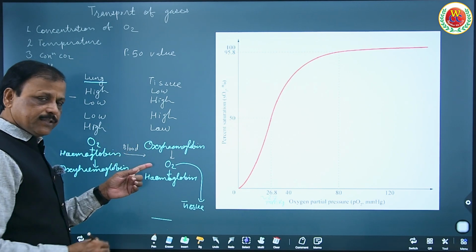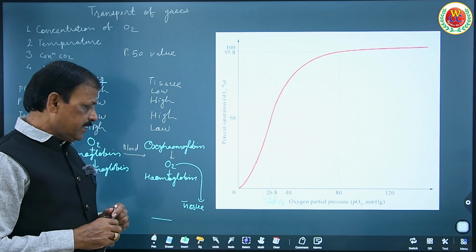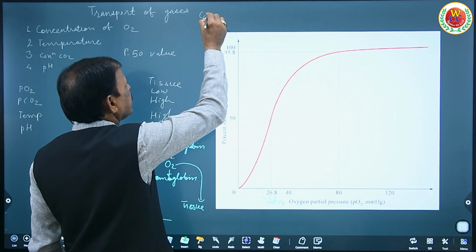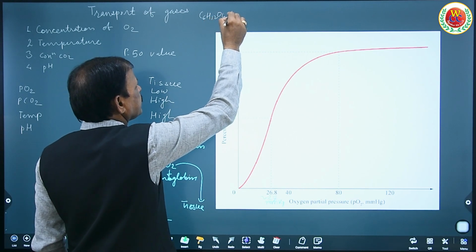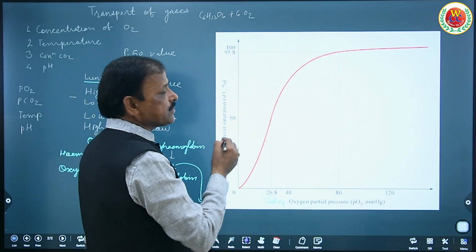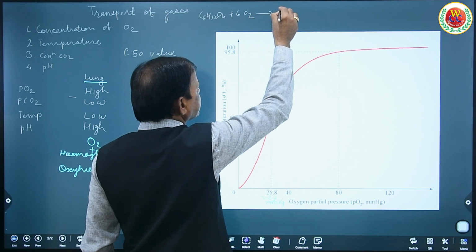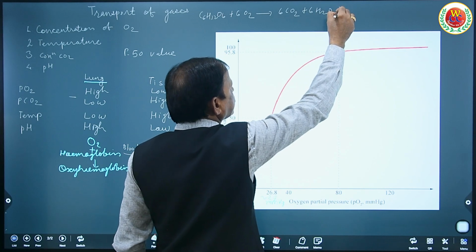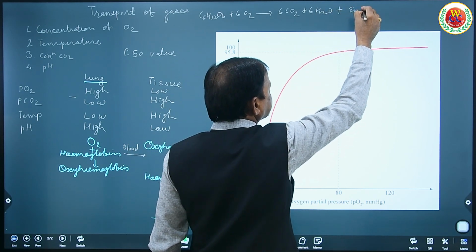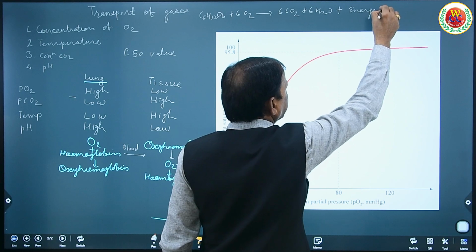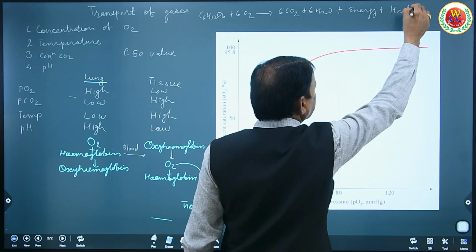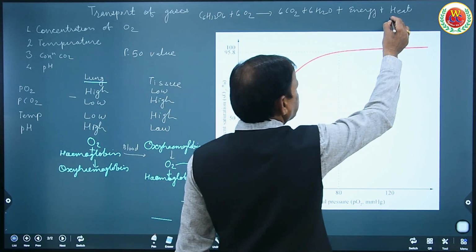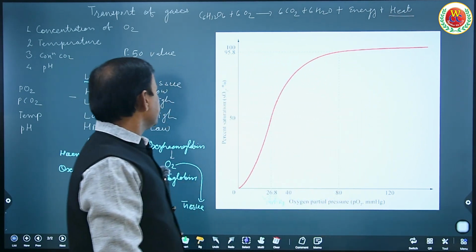When it reaches the tissue, the process of respiration is C6H12O6 plus 6O2, that means oxygen is used. The byproducts are 6CO2 plus 6H2O plus energy in the form of ATP, and heat energy that is lost, which also helps to maintain body temperature, is continuously produced.